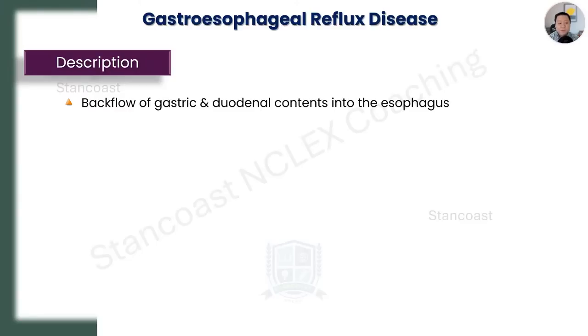Now, we will talk about the causes, and there are several things that can cause GERD. The first one is the incontinent lower esophageal sphincter, or LES. This is that ring of muscle that usually keeps the contents of the stomach from flowing back into the esophagus.